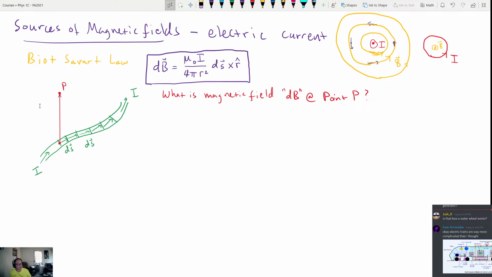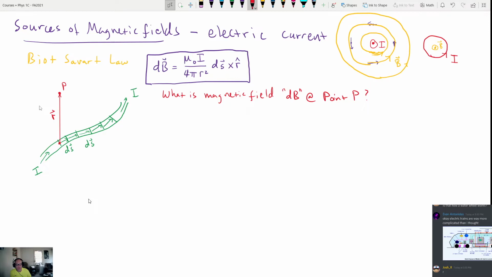What do you think I'm going to call this vector that goes from the current element up to the point P? If you think about how I've done this in the past, done stuff like this. R, that's right. This is going to be the position vector. Okay? R.